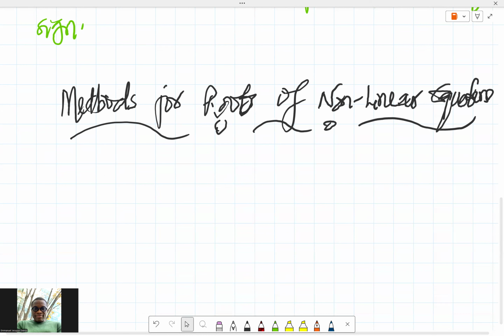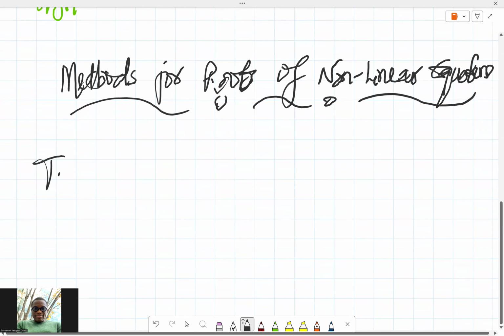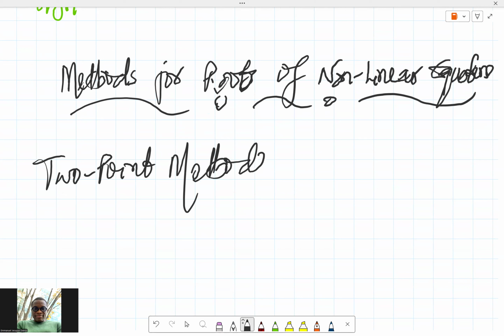If you look at the methods for roots of nonlinear equations, they are broadly classified into two: you have 2 point methods, and you also have 1 point methods.